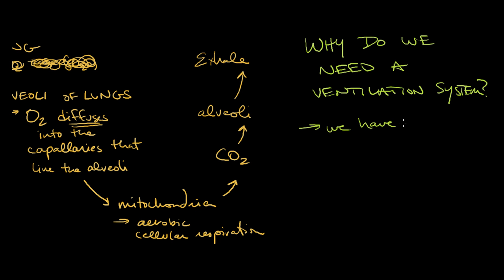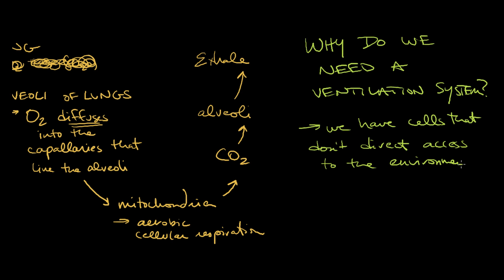cells that don't have direct access to the environment. So that means that not all of our cells are touching the atmosphere so that oxygen and carbon dioxide can't freely diffuse in and out of every single cell.